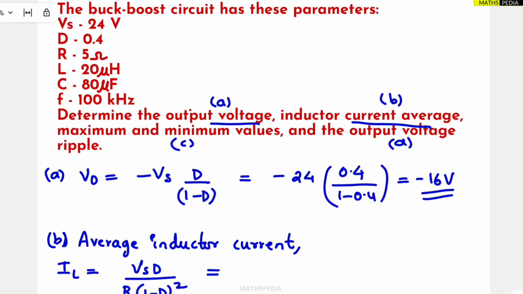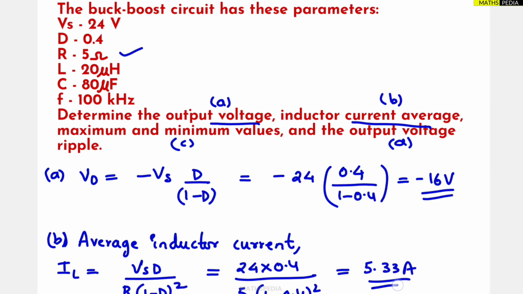Vs is 24 volts, D is 0.4, and R is 5 ohms, given in the question, so (1 minus 0.4) squared. It is equal to 5.33 amperes. So we have got the average inductor current.